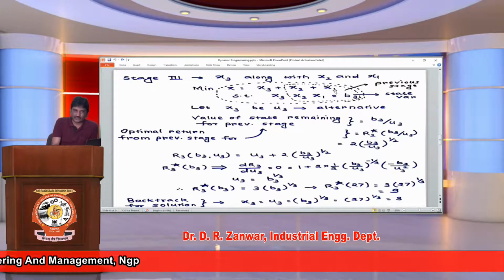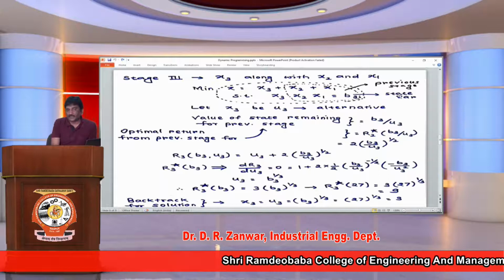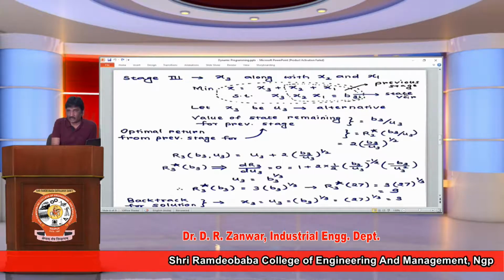In the first stage we dealt with x1, in the second stage we dealt with x2 and x1, in this stage we are dealing with x3 along with x2 and x1, and the constraint is x3 into x2 into x1 is equal to b3. b3 is our state variable now.